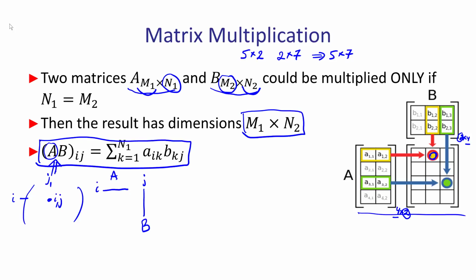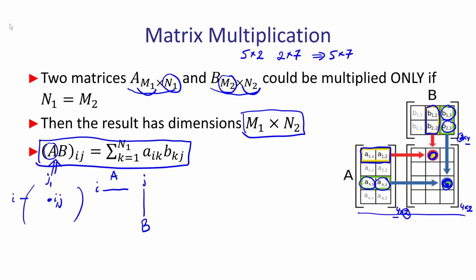For example, to get this point, first row and second column, you take the first row from here, the second column from here, and make a dot product between them, which is A11 multiplied by B12 plus A12 multiplied by B22. To get this point, you need to multiply A31 by B13 plus A32 multiplied by B23. And this is the result in that row and that column in the output, which clearly will be 4 by 4.